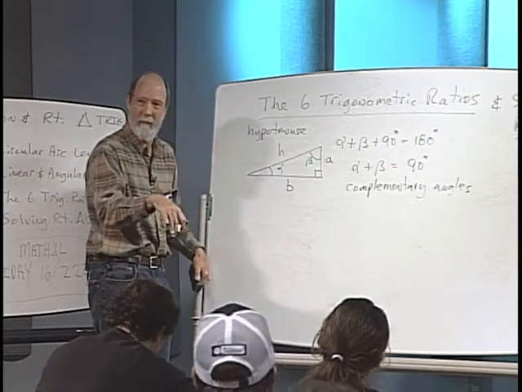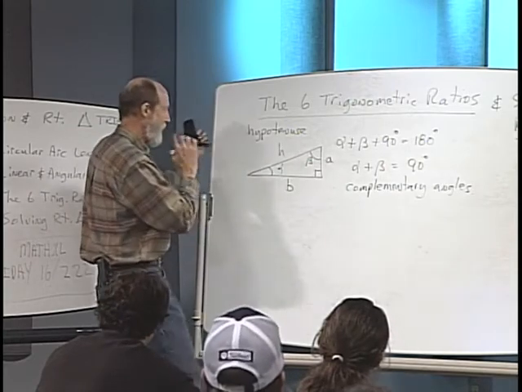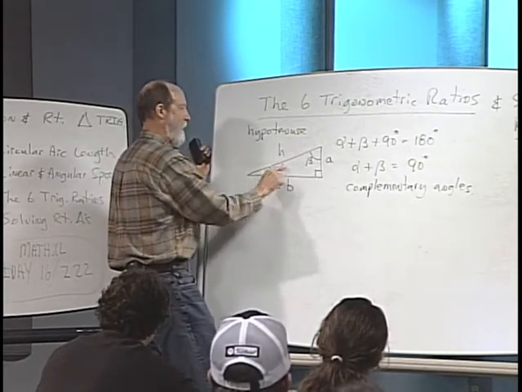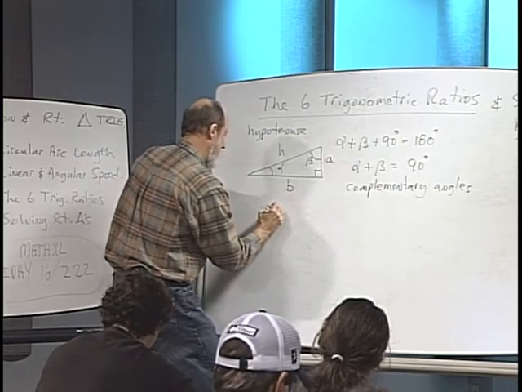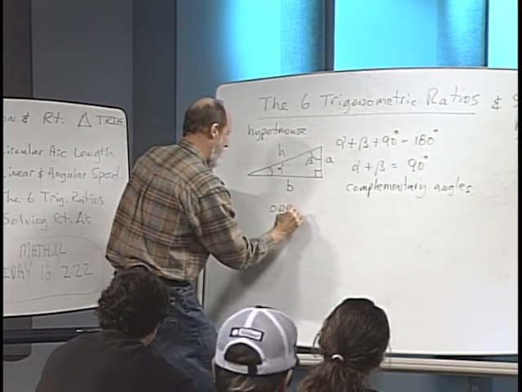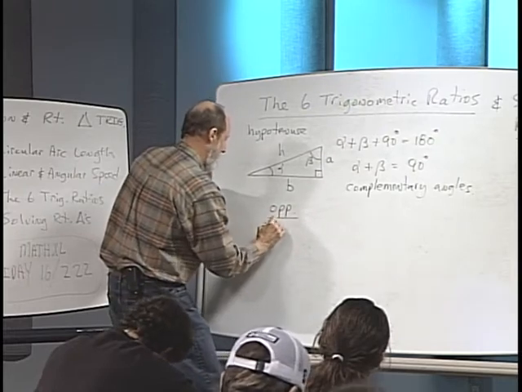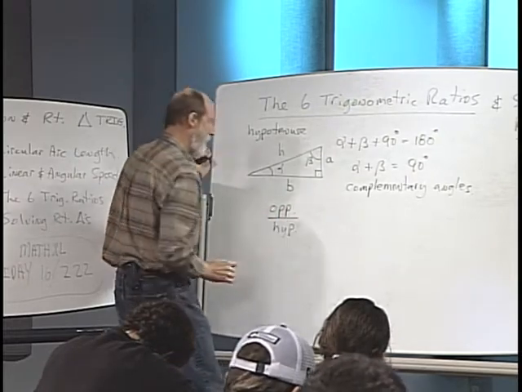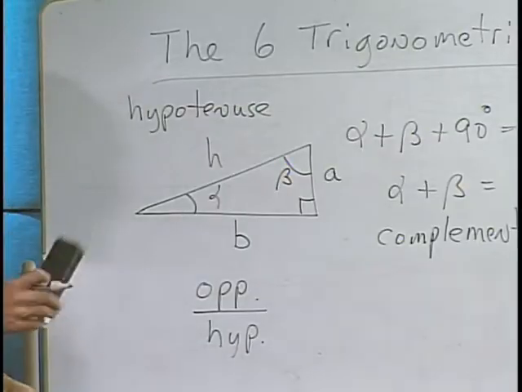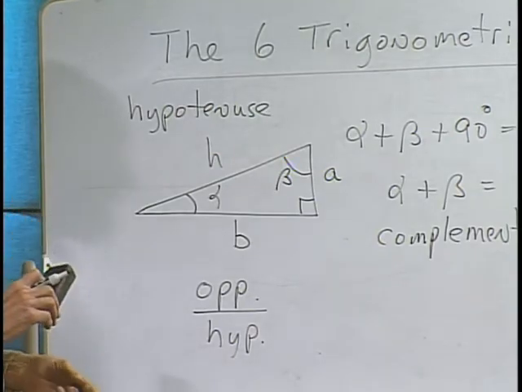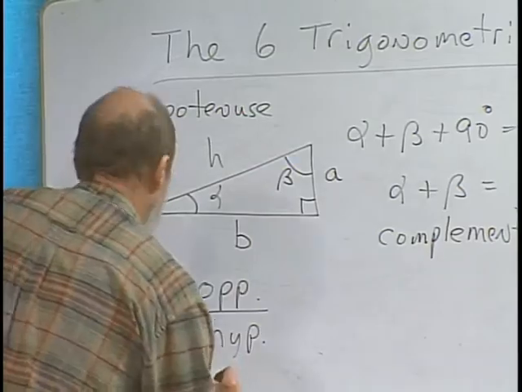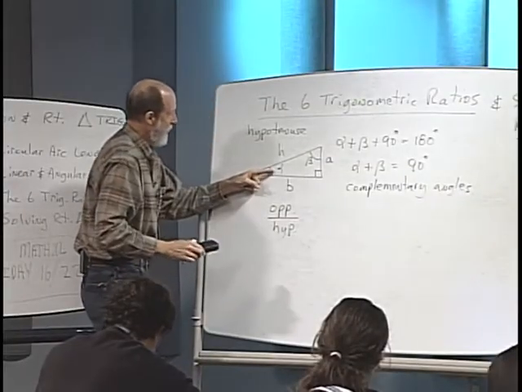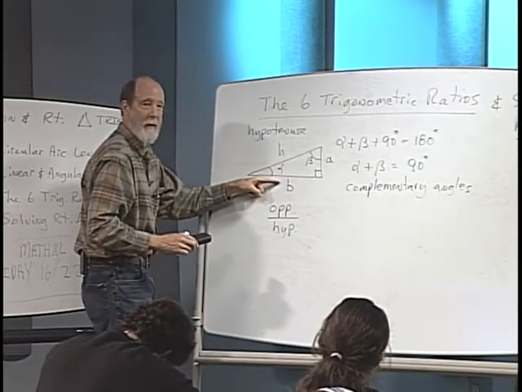So if I take angle alpha and I look out from it and I see this opposite side over here, and I'm going to label it as such, opposite over hypotenuse, that's the first ratio the Greeks wanted us to become familiar with.